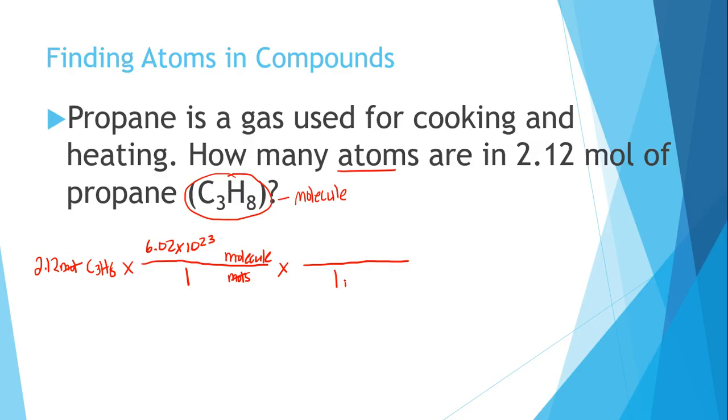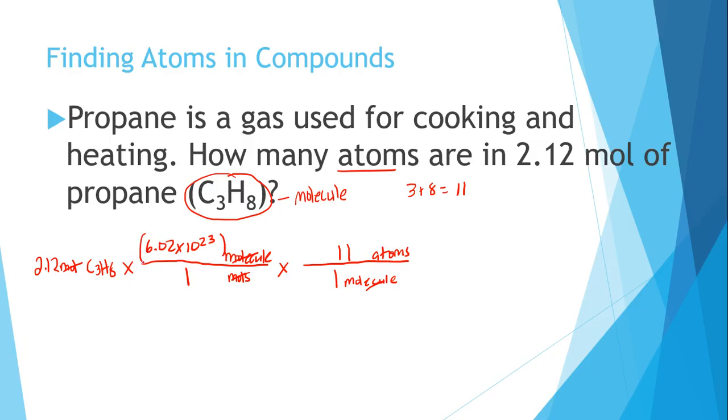So for every one molecule of C3H8, we have to find out how many atoms are in it. And that's going to be 3 carbon plus 8 hydrogen. So 3 plus 8 is going to give me 11 atoms total. So my moles cancel, my molecules cancel, and I have 11. Now these are all on the top, so you guys can multiply it across.